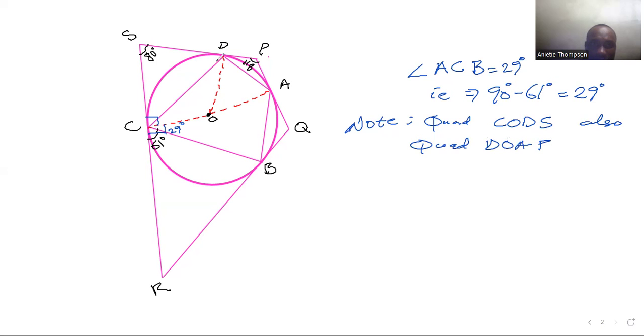So look at it: 1, 2, 3, 4. Having an angle of 80 degrees from an external point and an angle of 118 degrees from an external point.